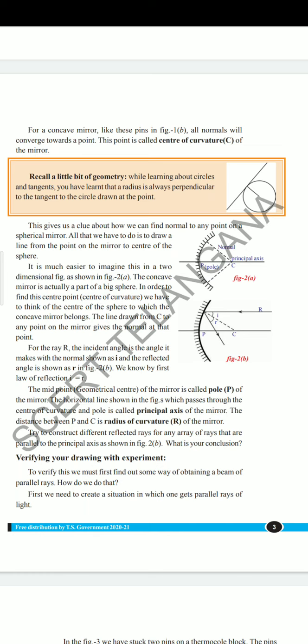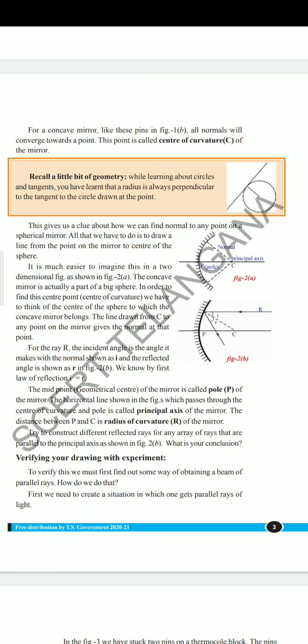For the ray R, the incident angle is the angle it makes with the normal, shown as I, and the reflected angle is shown as R in figure 2b. We know by the first law of reflection that I is equal to R.